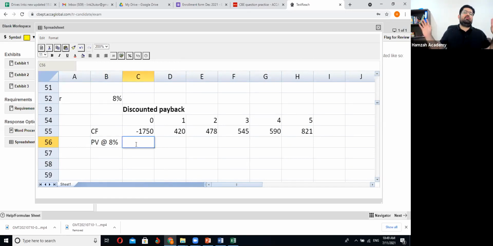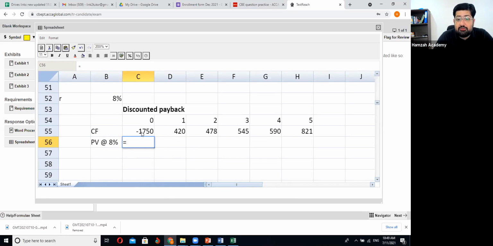Now you see here, everyone, focus. One way is we go to the discount table, the discount formula sheet. But that will take too much time. We need not waste time.